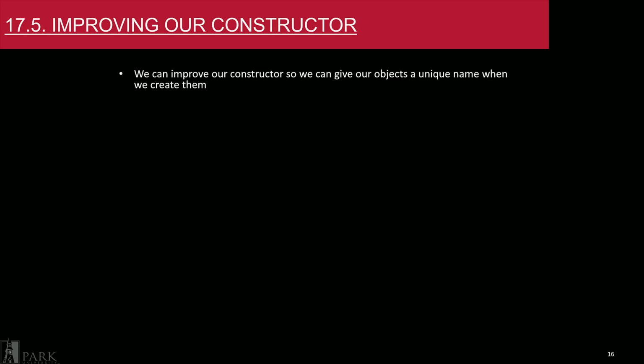What if we don't want every object that we create to have the same values? What if we don't want to have to go in and assign new values to the default values? Well, we can create our constructor in a way that allows us to pass in values so that they're automatically set when we create the new object.